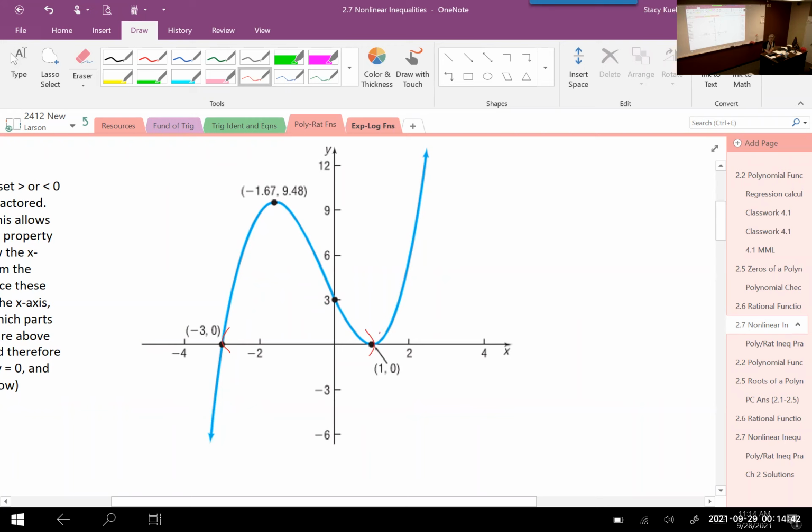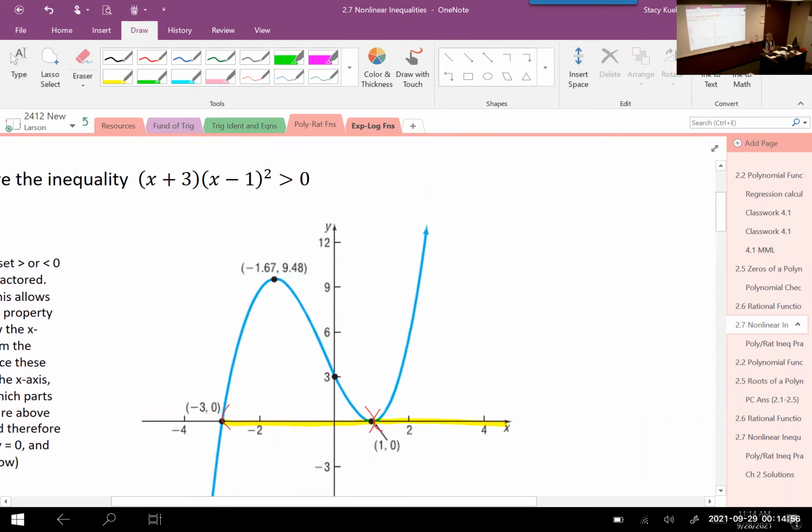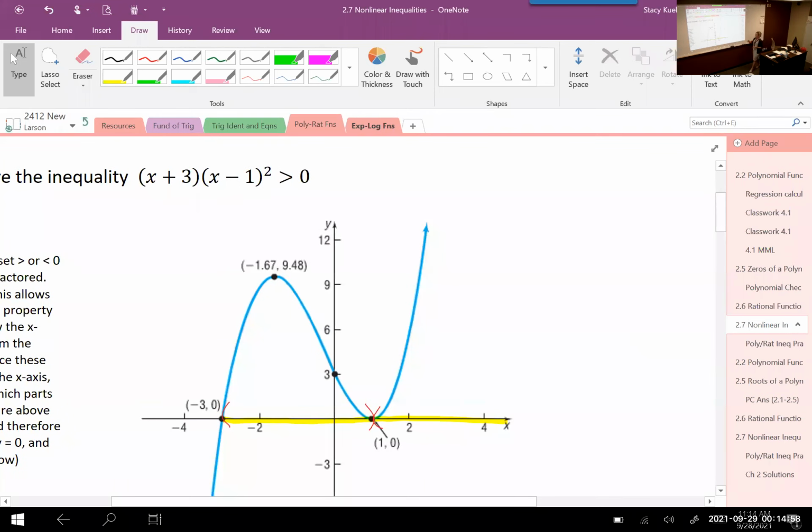And then it is above the x-axis again, starting at 1 and moving off into infinity. So I would say any number greater than 1 to infinity, as well as any number in between -3 and 1.